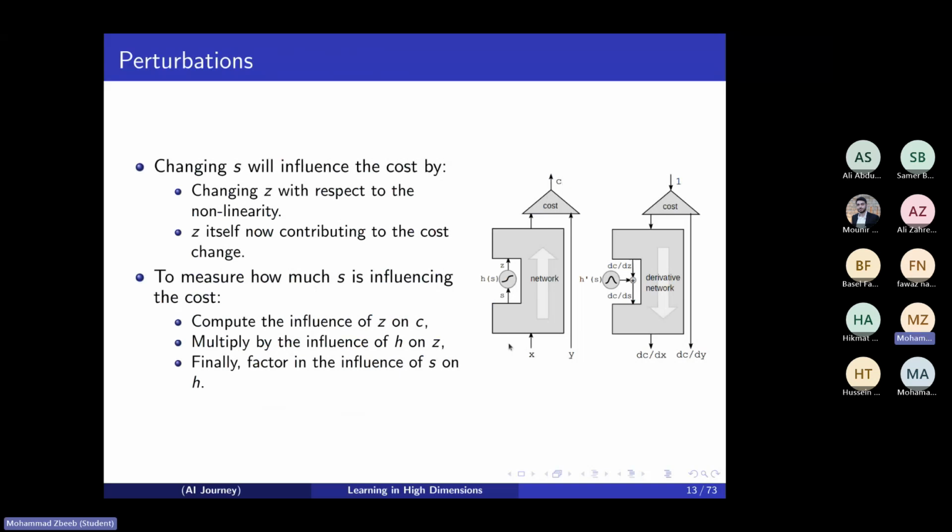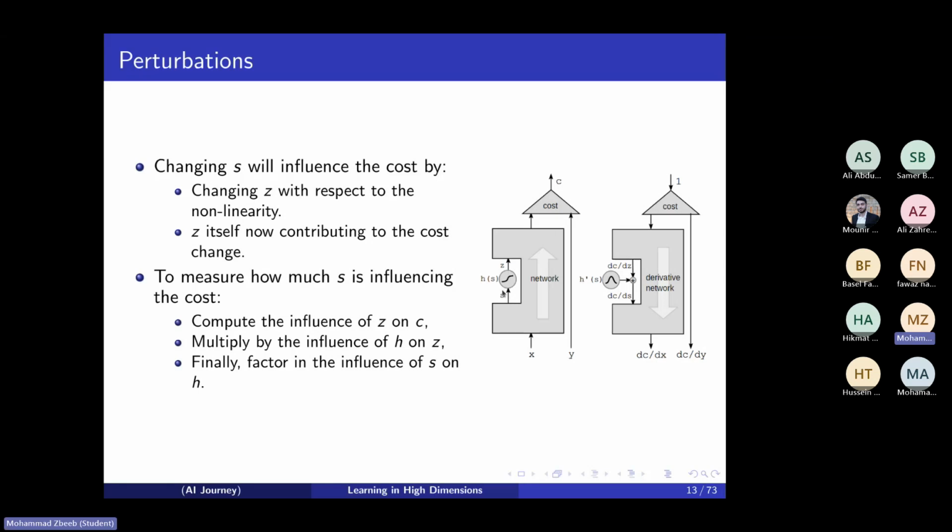Let's zoom in to a neuron and say that this S is an input going into a nonlinearity of a function and producing Z. In the basic sense, it's an input going to a nonlinearity, and I'm having an output. Let's zoom in here and see what's happening.